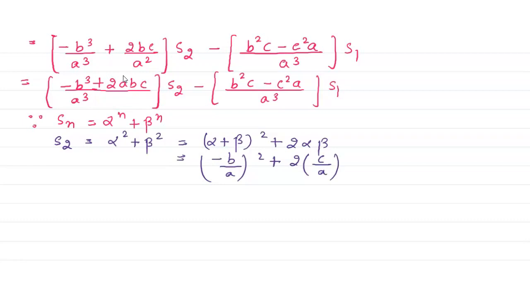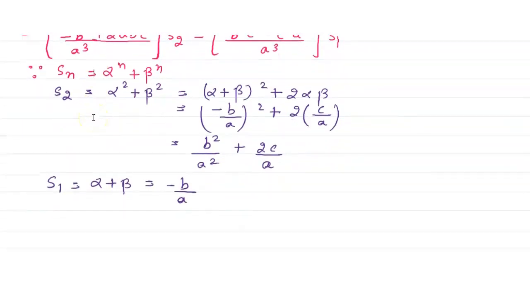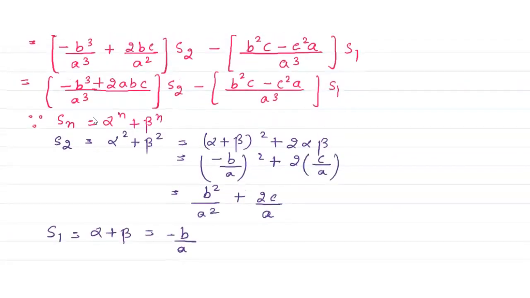These are the sum and product of roots, so this will become b square by a square minus 2c by a. Right, now S1 will be alpha plus beta and this will be minus b by a. Right, now let's just put all these values of S2 and S1 in this expression.